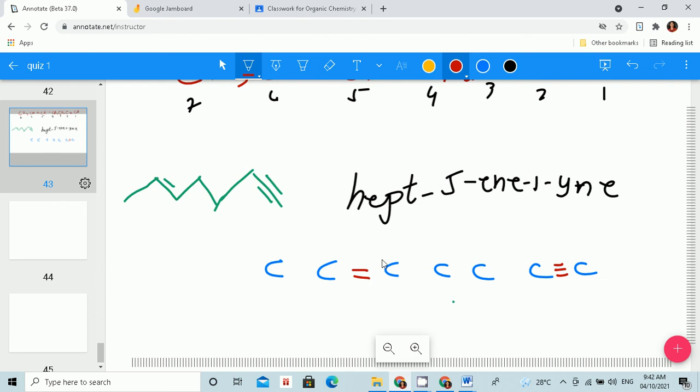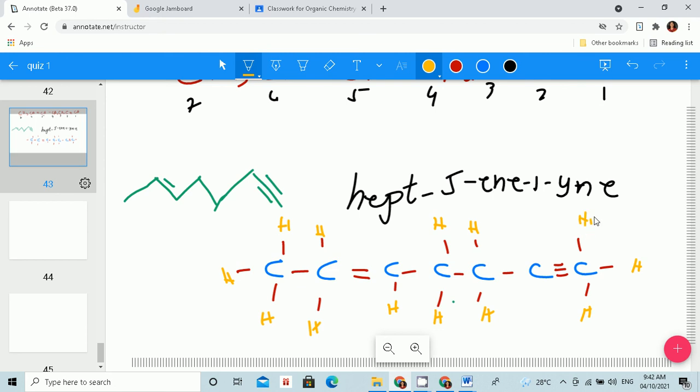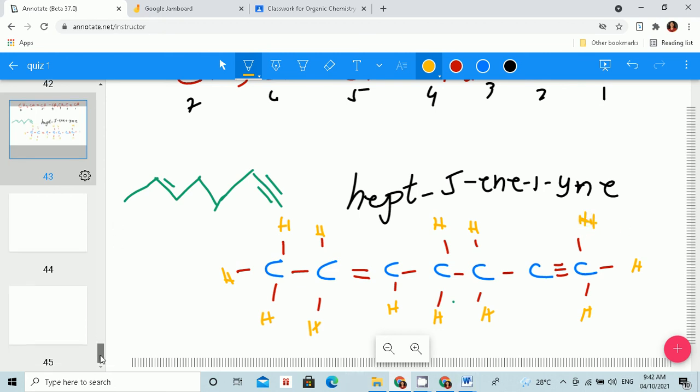Double bond here. And then that's it. Single bond na yun. Then distribute each. H, H, H, H, H, H, H, H. Okay, so this is our complete structure for number 7.